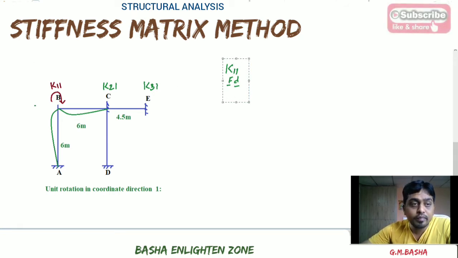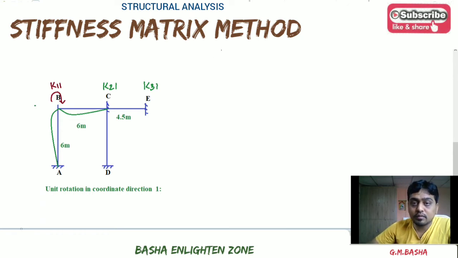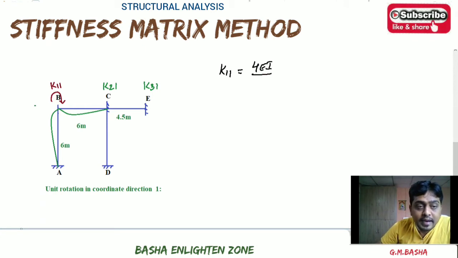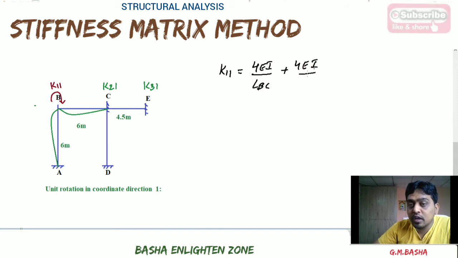So K11 will be equal to 4EI by LBC, since for joint B one connecting member is CB, plus again for joint B the other connecting member is BA. Therefore I am taking the sum of the moments at that particular joint for the two spans: one will be 4EI by LBC, plus another will be 4EI by LBA.